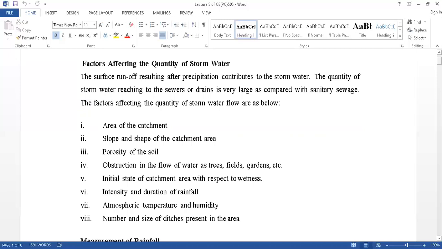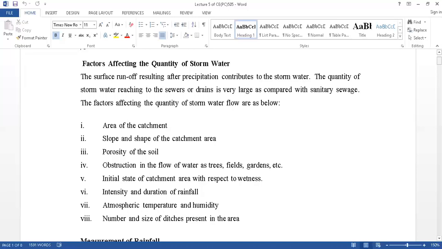Obviously, the slope and shape of the catchment area will have an impact on the quantity of stormwater, because the water path follows the slope of the ground. So the more the slope, the more the flow will be. Then the third point is the porosity of the soil. The more the porosity, the more the infiltration of rainwater into the ground will be.